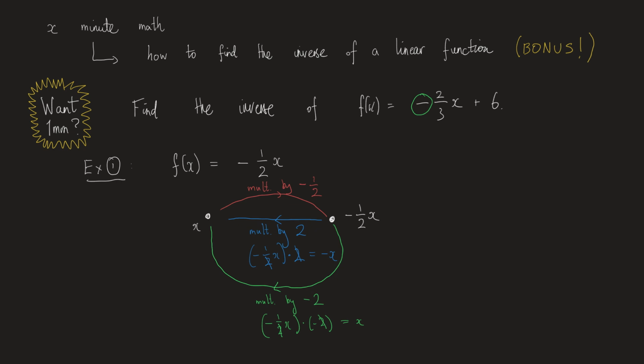So that middle attempt was absolute nonsense. That didn't do anything for us. The true inverse here of f of x is g of x equals negative 2x.